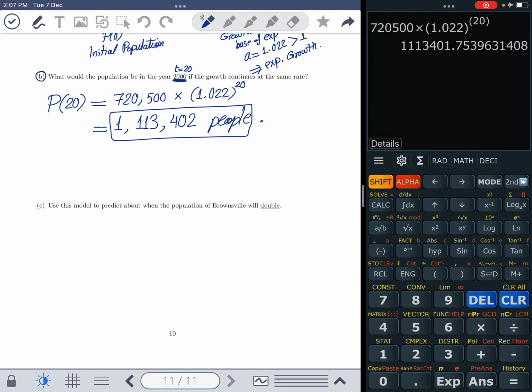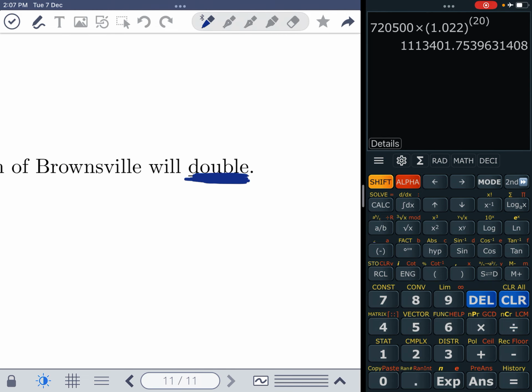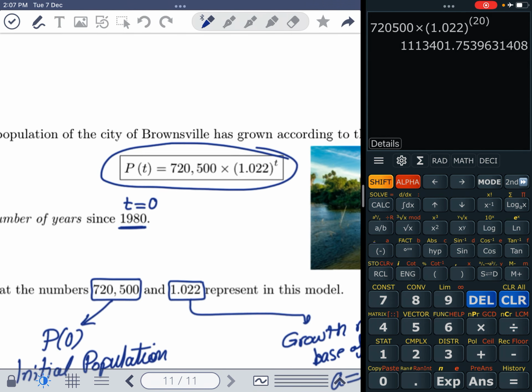And they tell you, use this model in part C to predict about when the population of Brownsville will double. What does it mean, will double? Well, what did we start with? We started with this number. So doubling means that this number, 720,500 times 2.